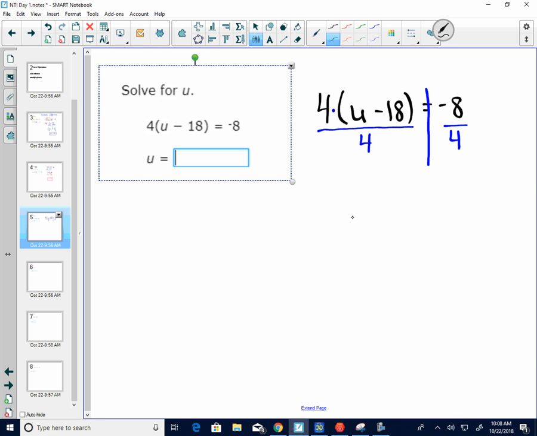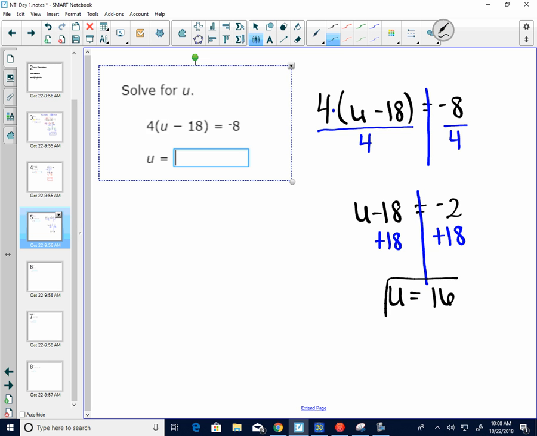So this leaves me with u minus 18 is equal to, and negative 8 divided by 4 is negative 2. So u has 18 subtracted from it, so to get u by itself, I have to add 18. But if I add it on the left, I also have to add it on the right. So u is now equal to 16.